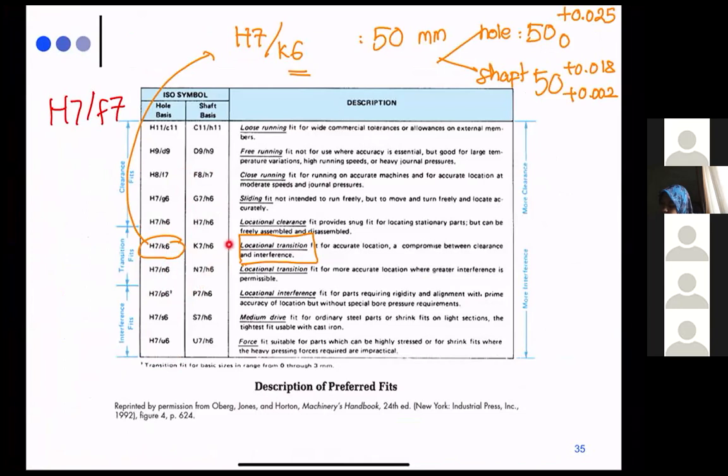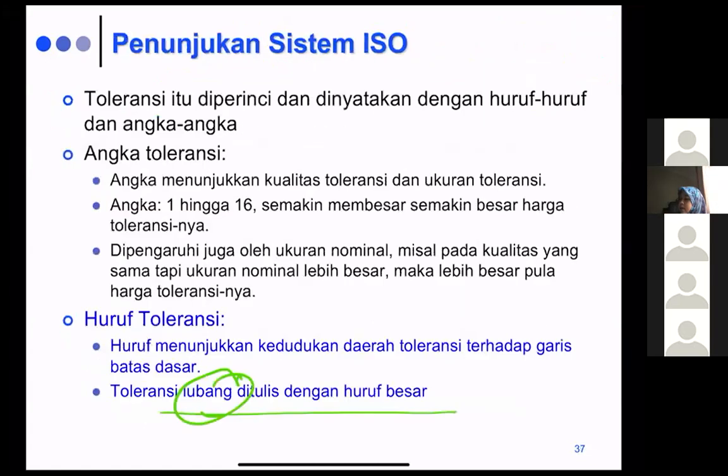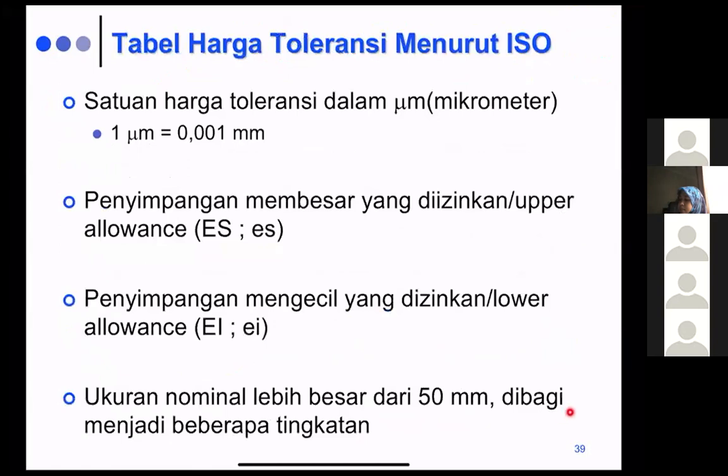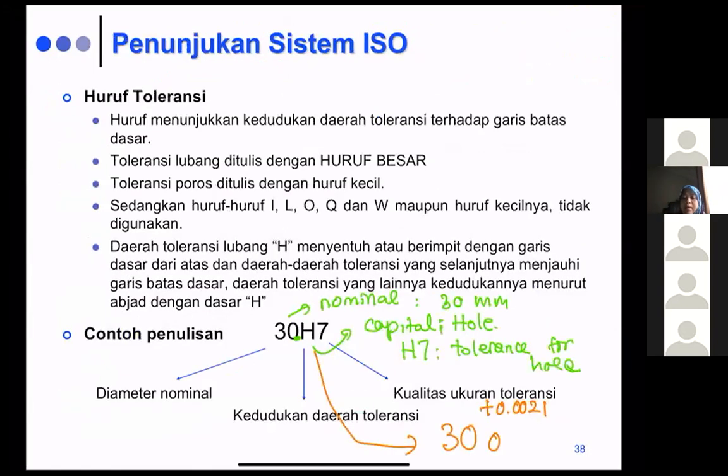It's not typical in here, but there is no F in here. There is H8, but it is close to H7. It is called a clearance fit. Okay, another one. Now I'm going to go back to here, and please, do you have any other question?